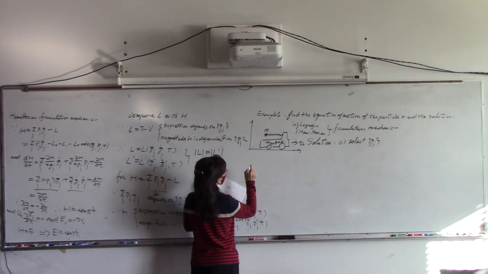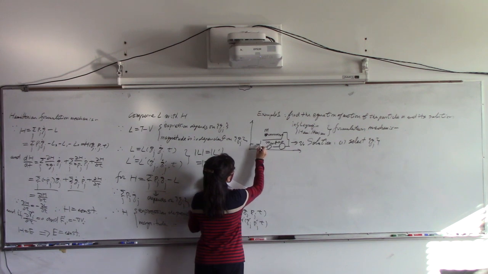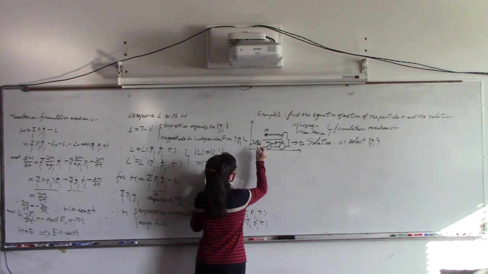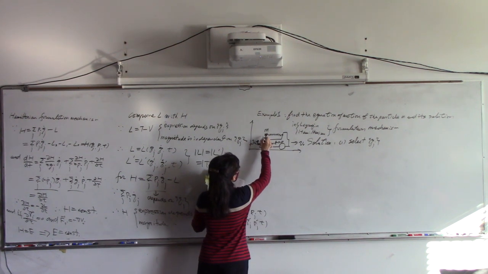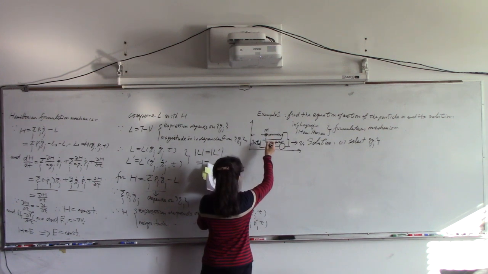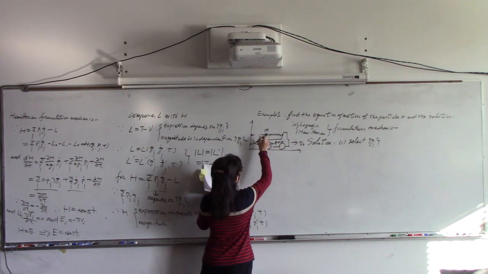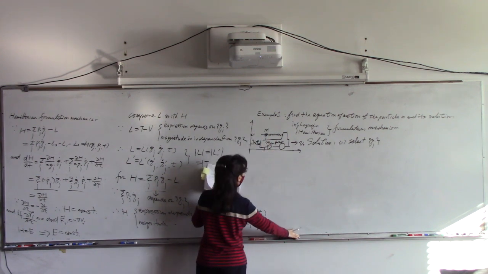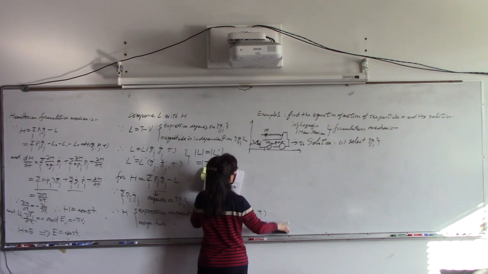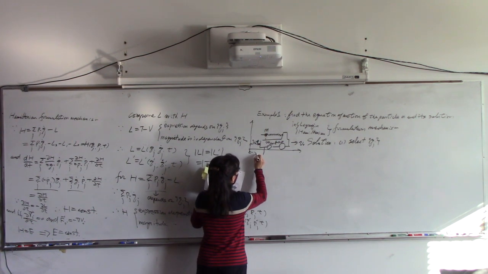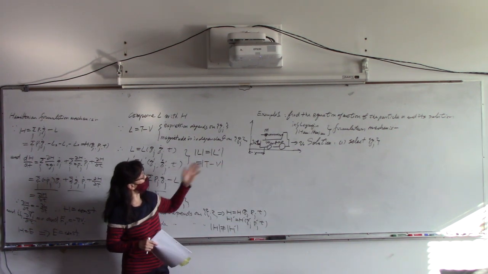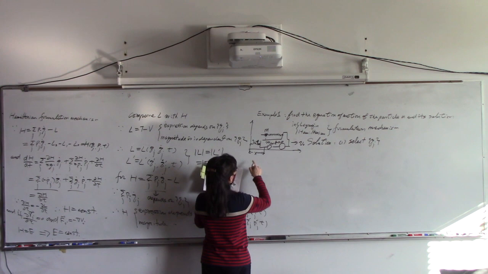So at any time, this distance is v naught t, right? The cart moves. And then if we say this is the distance, let me use x here. So that is the distance x in the inertial coordinates that we looked at.